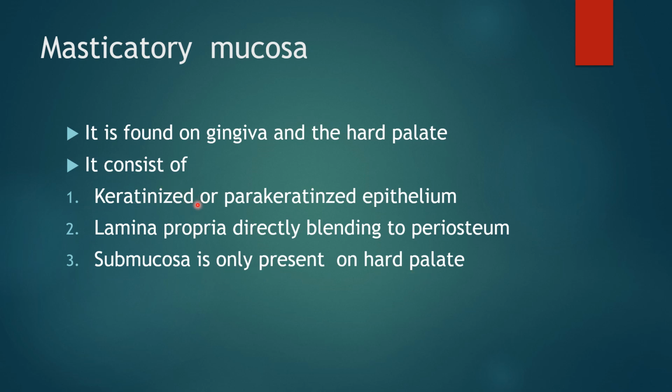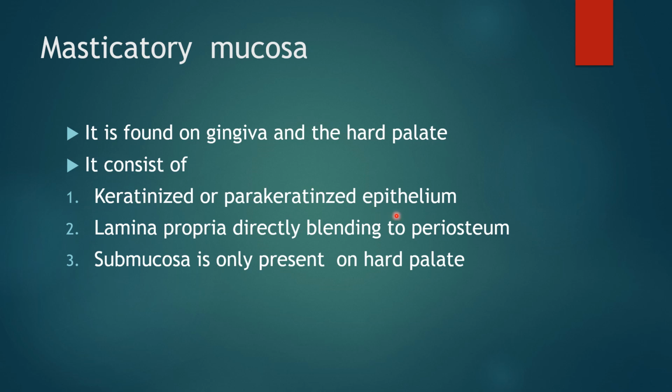So the difference between keratinized and parakeratinized epithelium is that in parakeratinized epithelium the stratum corneum cells do not lose their nuclei, and they do not stain strongly with eosin as compared to the keratinized.